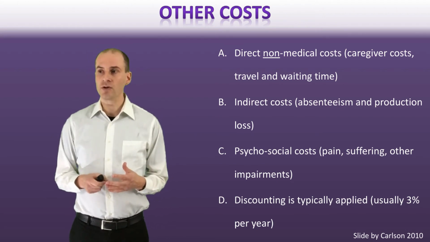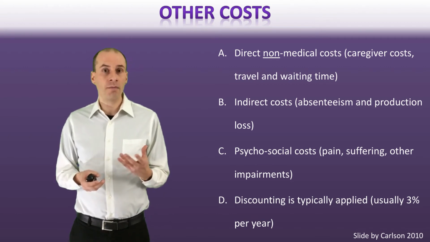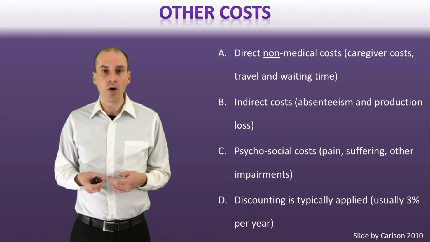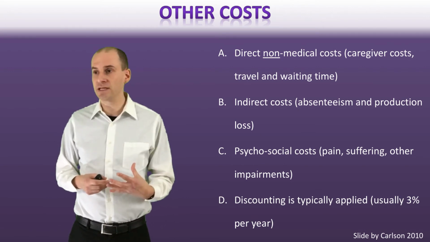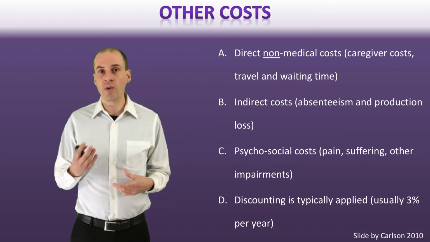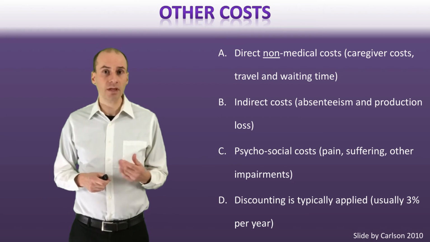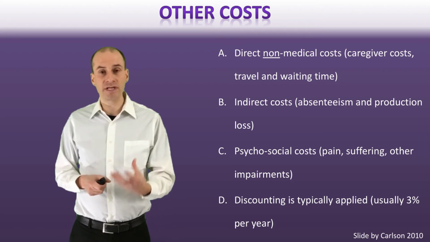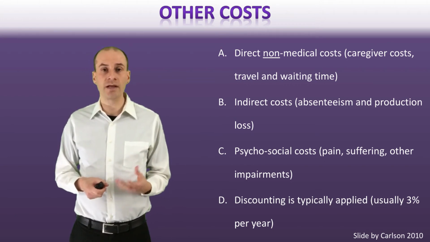So one is the direct non-medical costs. Remember, it costs money to travel to a clinic, for example. People lose money by sitting in the waiting room, or having a long period of time that they're waiting for a treatment. As you may very well know, taking care of your family members, these caregiver costs are actually substantial, right?